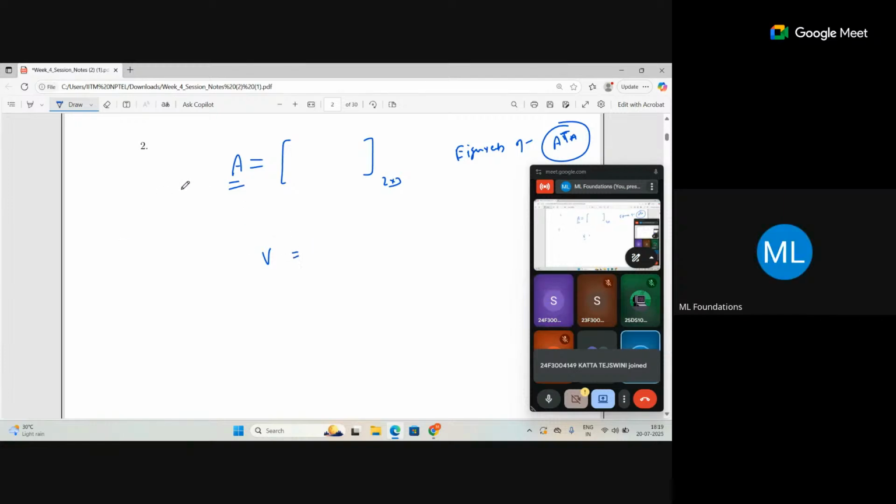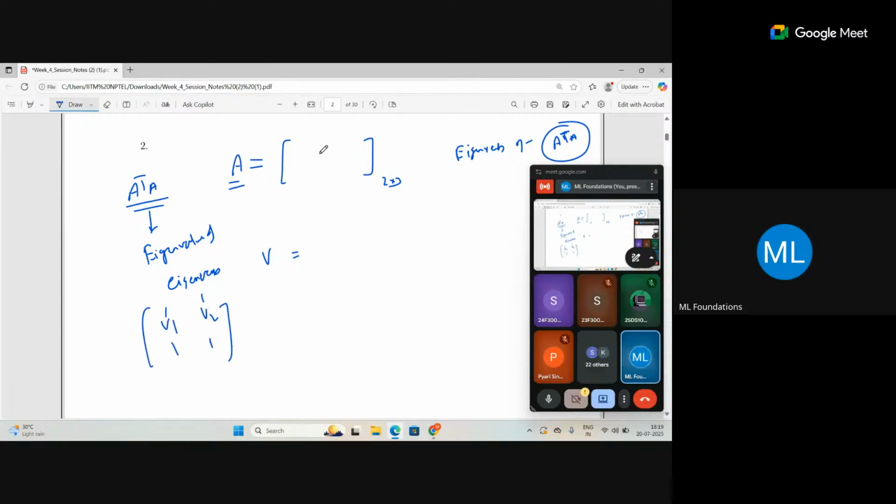So first of all, you don't do a Gaussian elimination here. You first find A transpose A, then find its eigenvalues and eigenvectors. Let's say v1 and v2 are the eigenvectors of it.